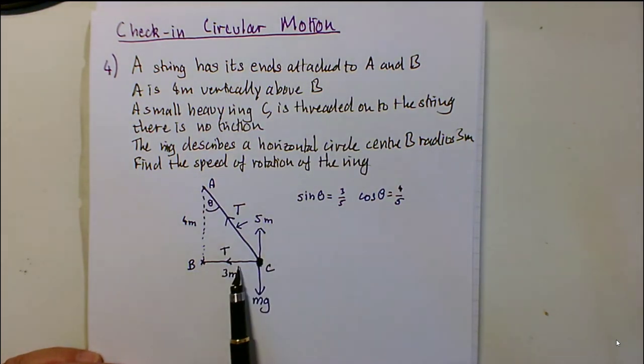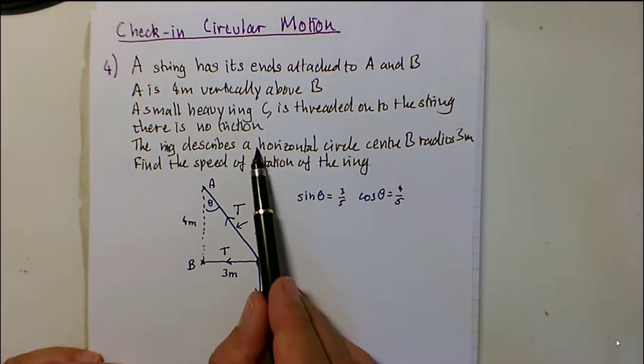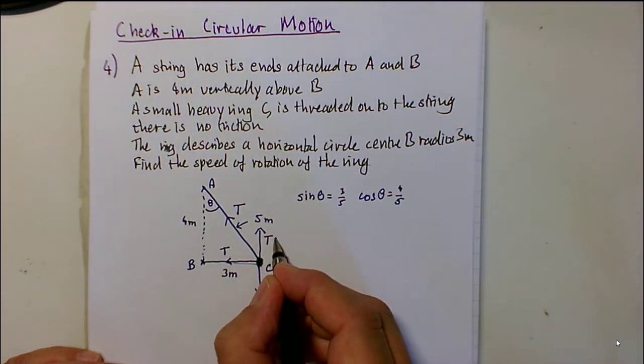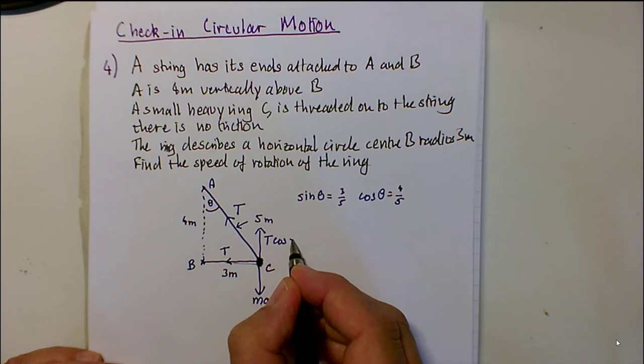This string here, I've been told, is horizontal. Therefore, this tension here has absolutely no vertical component. Now, if I resolve T, I suppose I get going in the one way T sine theta and going up the other way T cos theta. So that must be T cos theta.